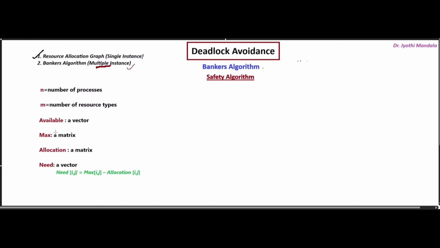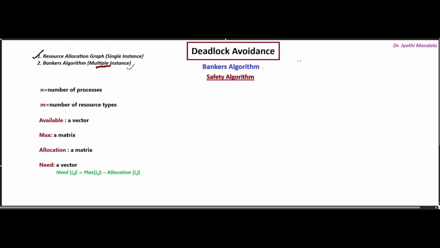Max tells how many resources are required by each process. Allocation tells how many resources have been allocated at a particular time to each process, and need tells how many more resources are required by each process to finish its execution.